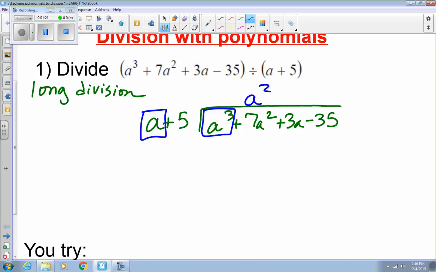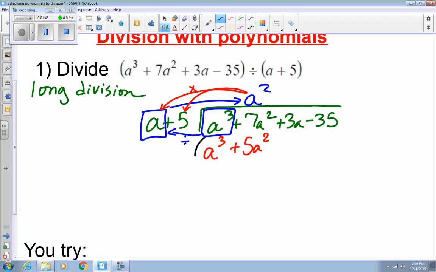So we divide this way, and then it goes up here. A to the third divided by a is a squared. Now we multiply back down. A squared times a is a to the third. A squared times 5 is 5a squared.